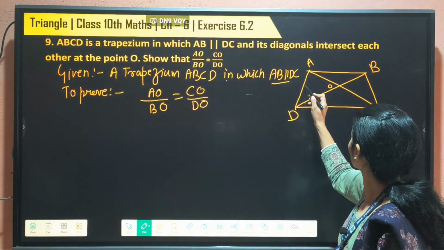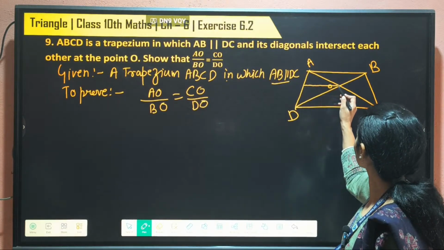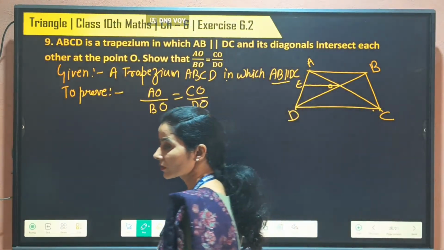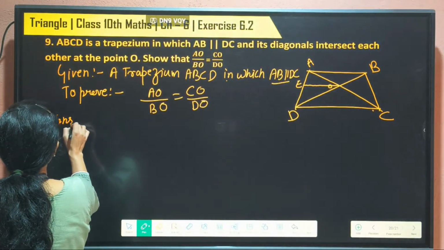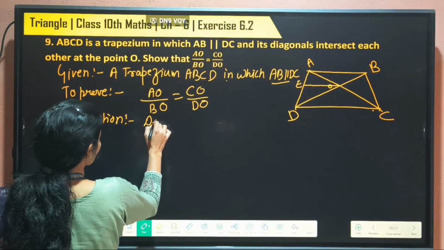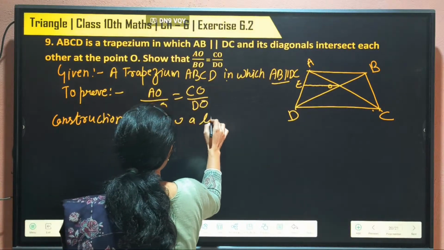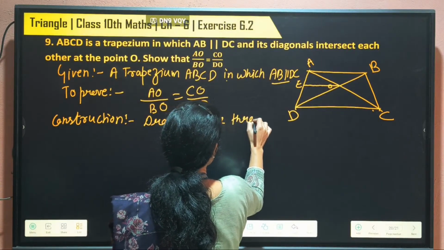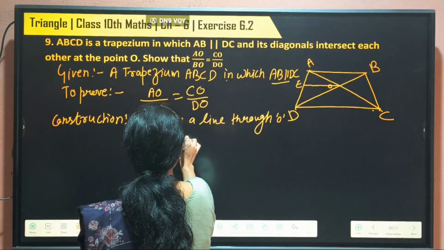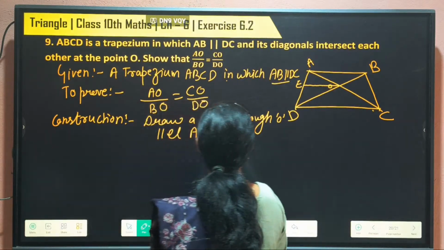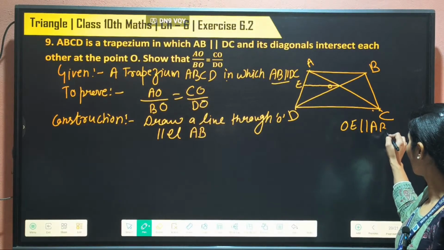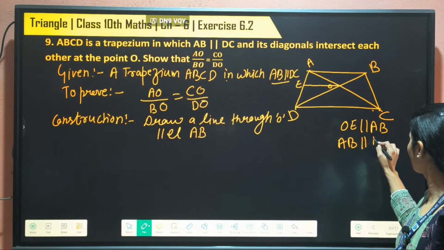Construction is draw a line through this point O, say this is OE parallel to AB. What is construction? Draw a line through O parallel to AB, as this line OE is parallel to AB and AB is parallel to DC.